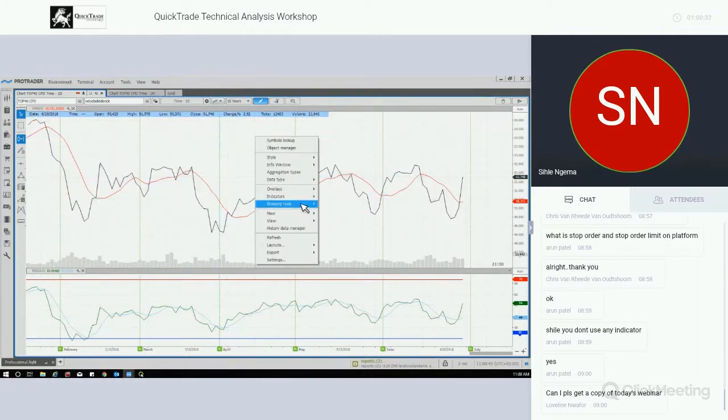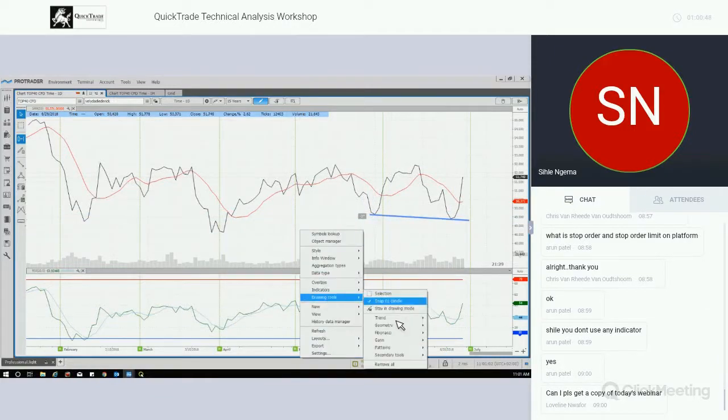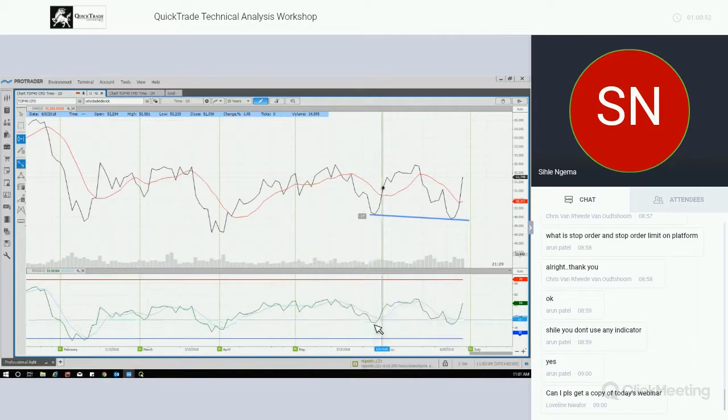Let me show you what I'm talking about. You see here on the top 40 CFD, this point is higher than this one here, but let's look at our RSI here. We'll see that there's a bullish divergence or a flat.